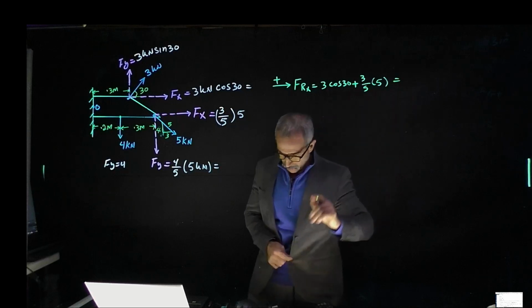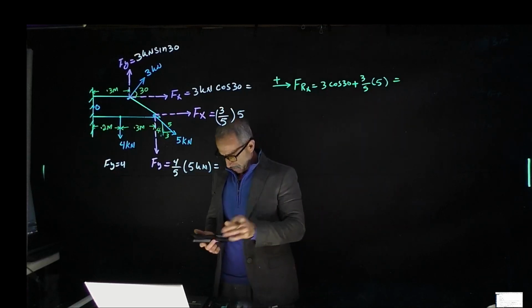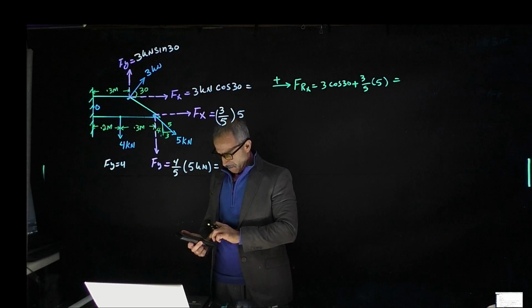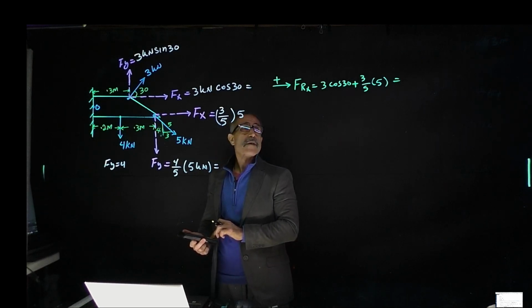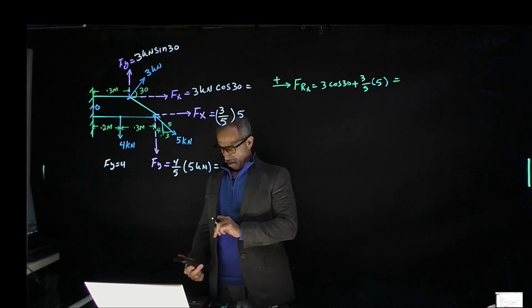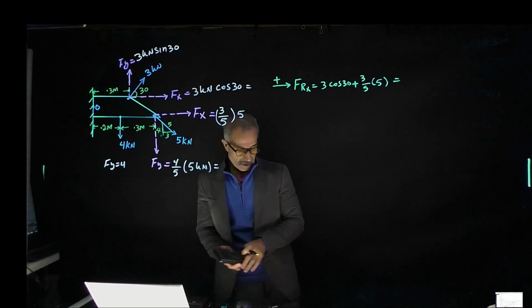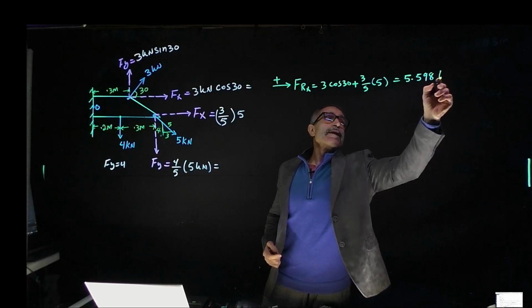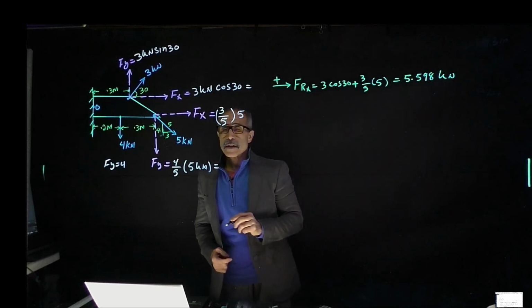So that comes out to, you can use your calculator to see if you get the same number I do. 5.598 kilonewton. All right, let's do the y portion.